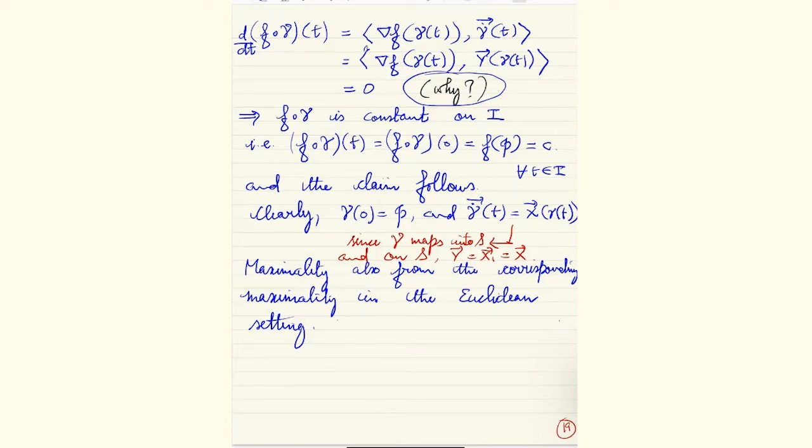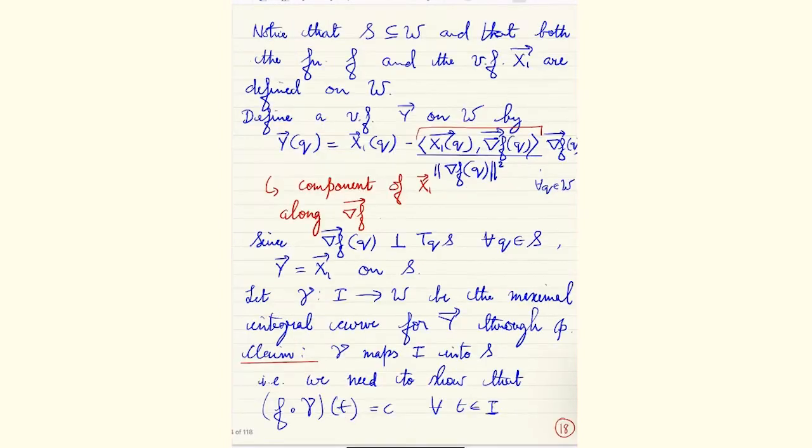From the first equality to the second equality, we use the fact that gamma was integral to y, the vector field y on W. That reminds me, I had written here S. We define a vector field y on W, of course. I remember writing it as S yesterday, but it has to be W, because on S itself, y and x1 coincide and so on.